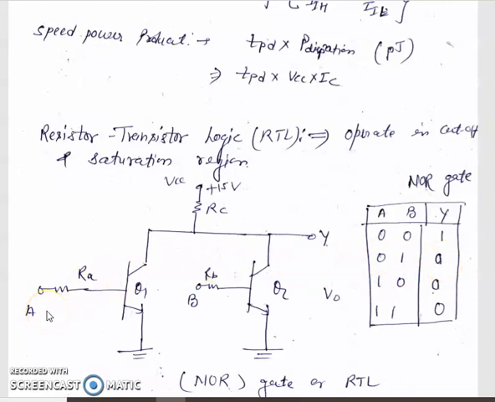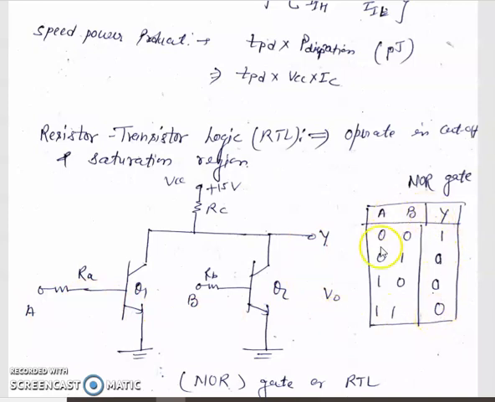When A equal to 1 and B equal to 0, A equal to 1 means it is on and goes to saturation region, and B goes to cutoff region. It is a parallel connection, so it is in saturation region, and the output Y is low. So 1 and 0 gives low. And when both are 1 and 1, both go to saturation and the output also goes low.